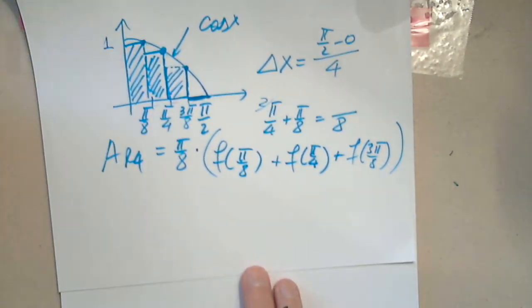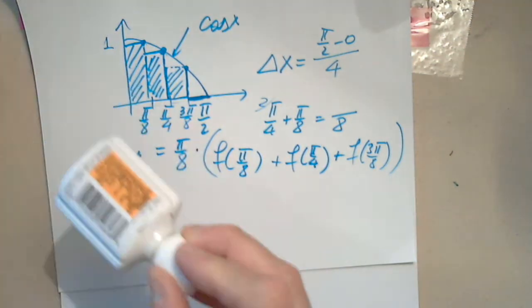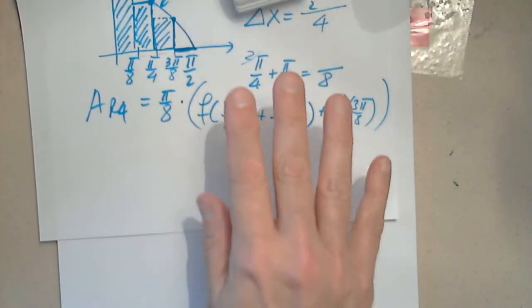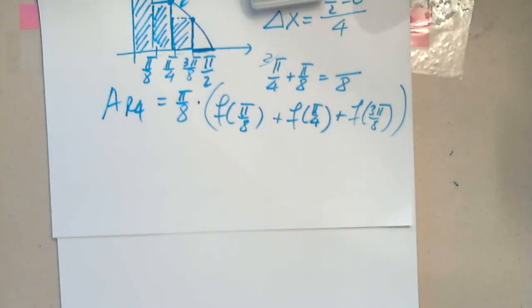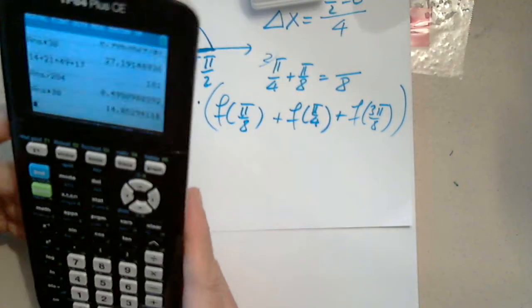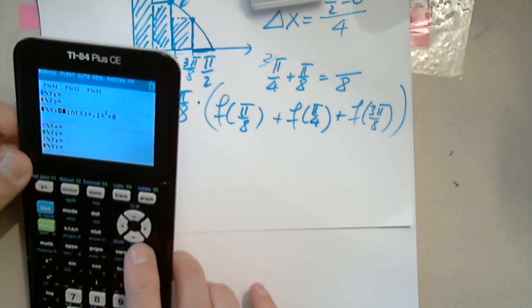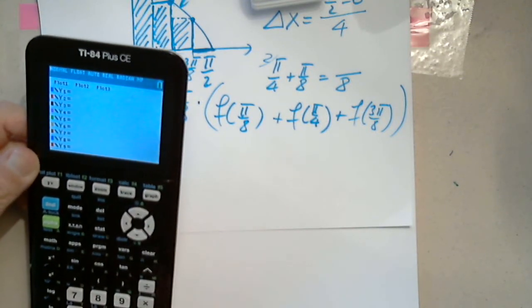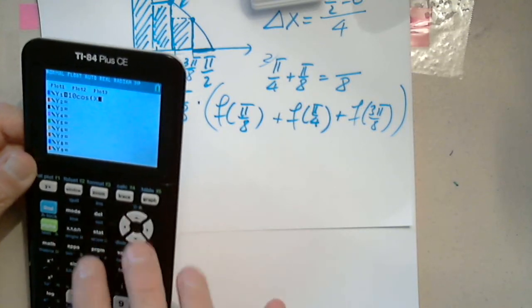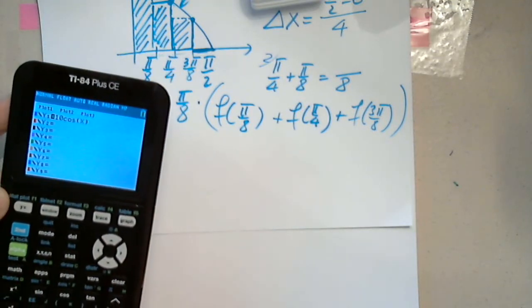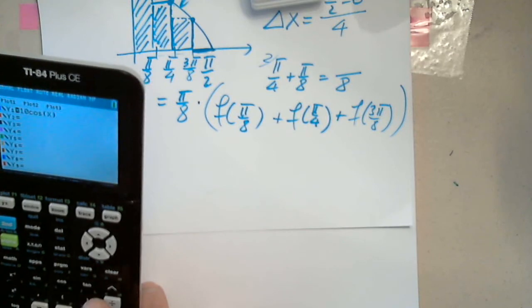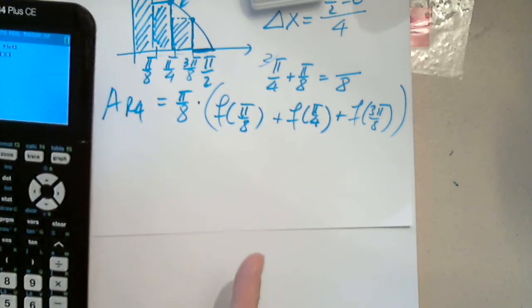That's it. I will get my calculator. And with the calculator, I will put in y equals, I will put 10 cosine x. That's my function. And better, you know what?